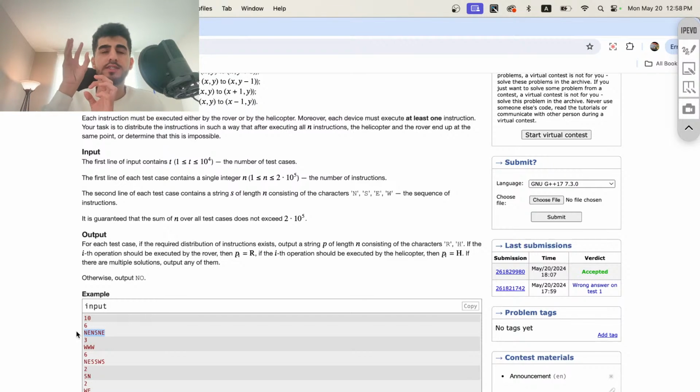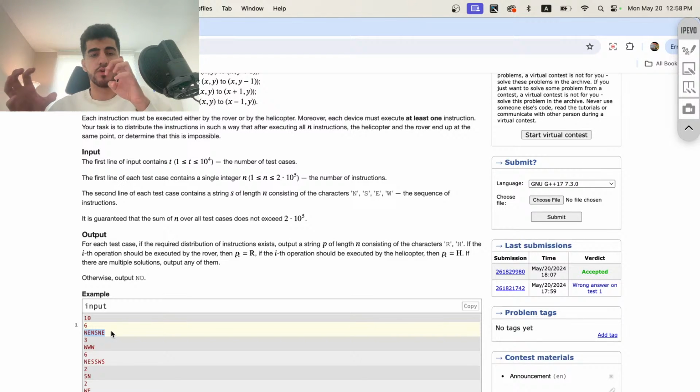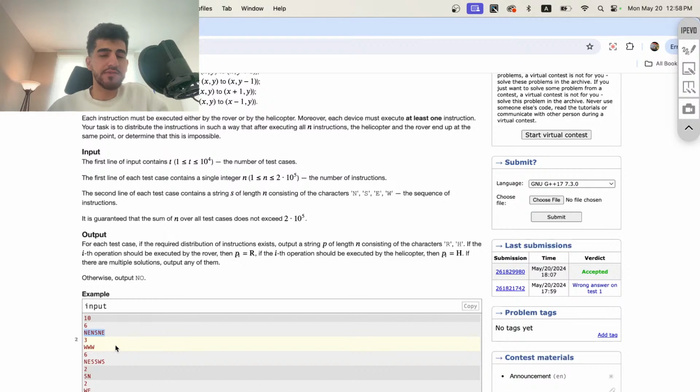If one of the coordinates is odd, then the answer is definitely no, because if in the x axis or y axis the overall of all the moves is not in an even position, then when we split these moves into two, for example, rover and helicopter, they will not end up at the same place. So it should be even, and if it is even, I should just divide both of them by 2 and try to move each one of them to that place. And I use a greedy approach for that.